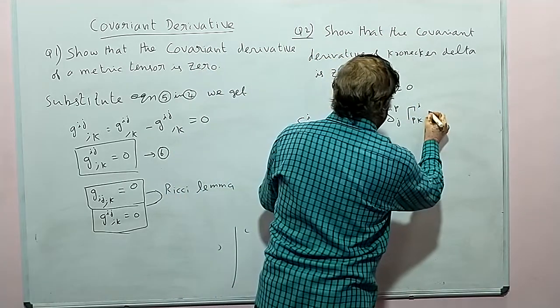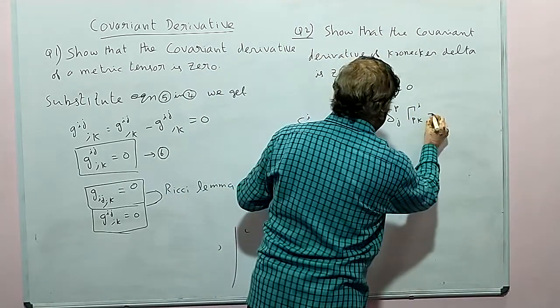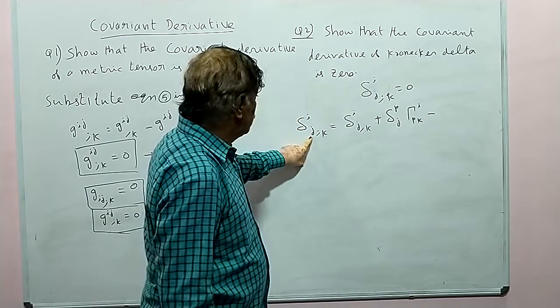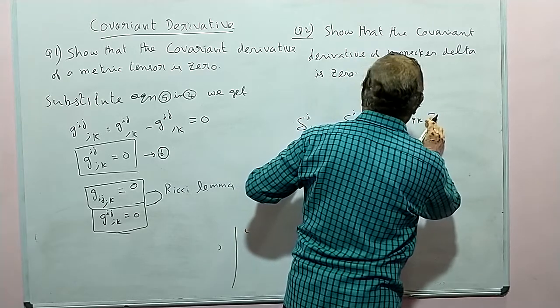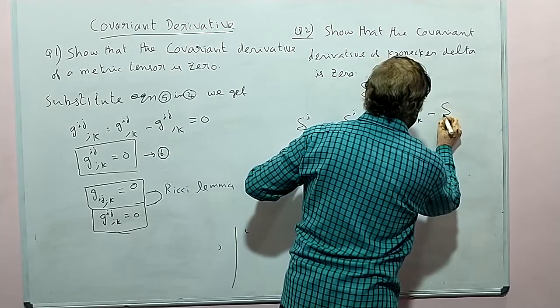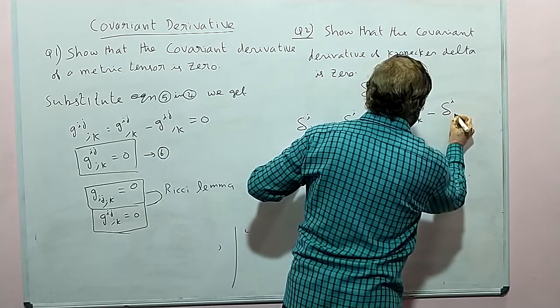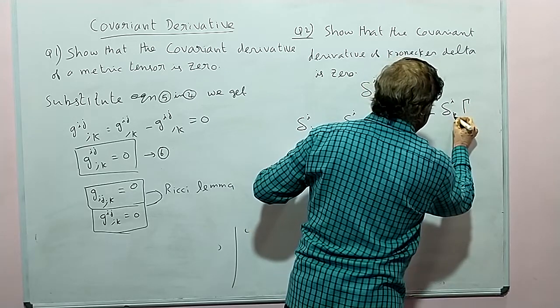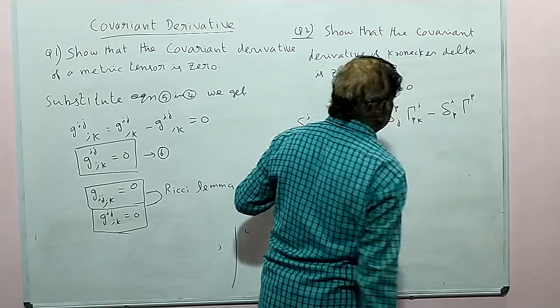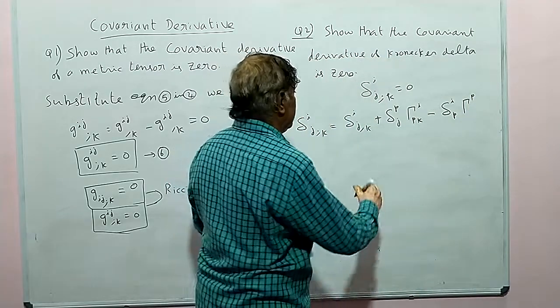Then here there is an index in the covariant position, so that must be replaced by a dummy index. So for here you have to use a negative sign, and the tensor is delta ip and gamma. Since this is p, it must be p because it must disappear. Then this is jk.